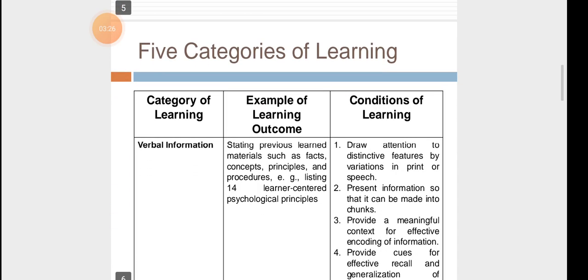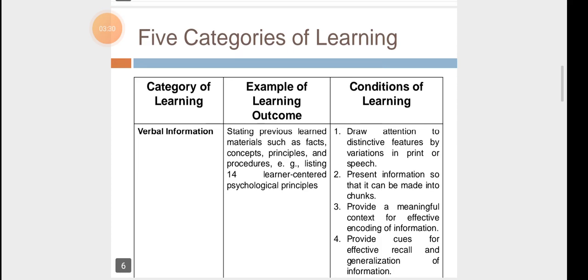The first one is verbal information. Here in verbal information, there are examples of learning outcomes. Through verbal information, the student can state previously learned materials, such as facts, concepts, principles, and procedures, etc. Listing 14 learner-centered psychological principles.